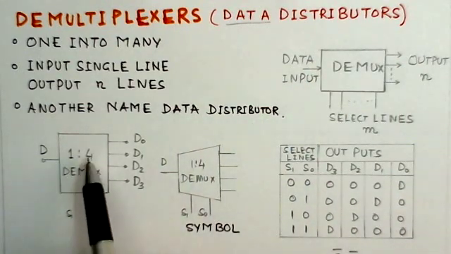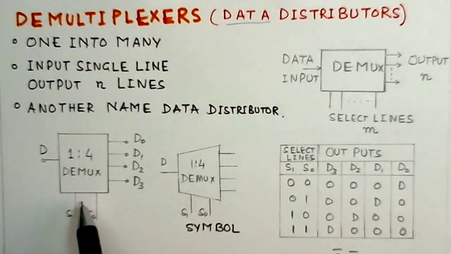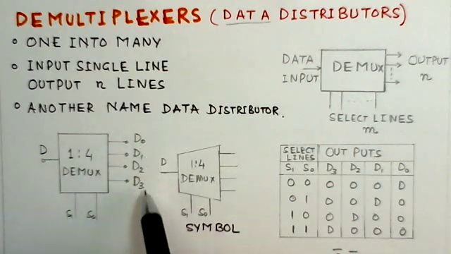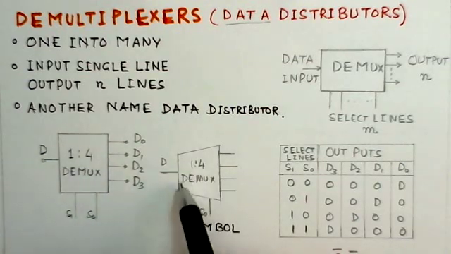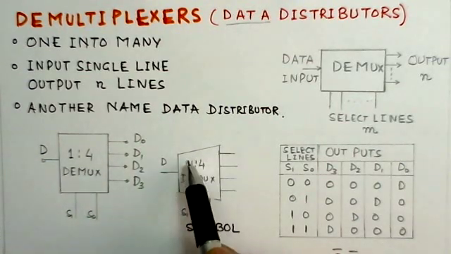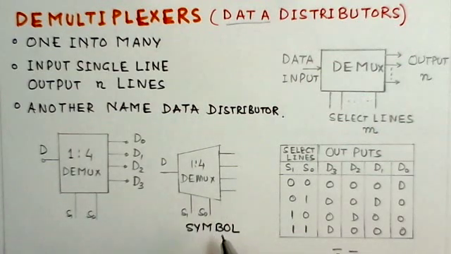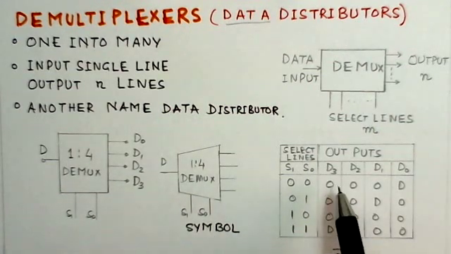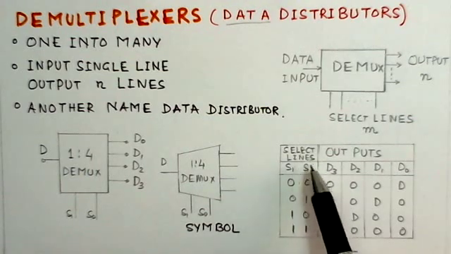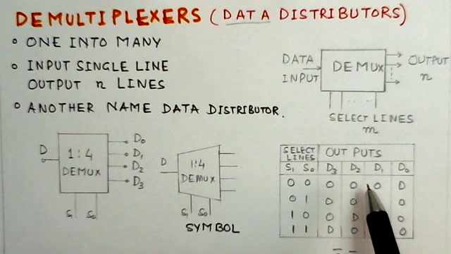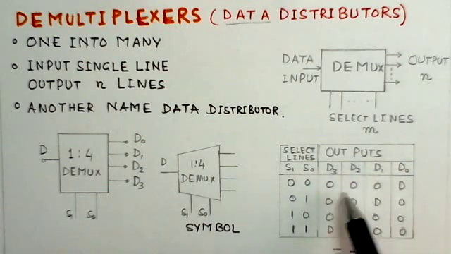This is a block schematic for a 1:4 demultiplexer. This is the data input, these are the corresponding output lines, and this is the symbol for the demultiplexer. This is the corresponding truth table for the demultiplexer. These are select lines S1 and S0, and these are the corresponding output lines.